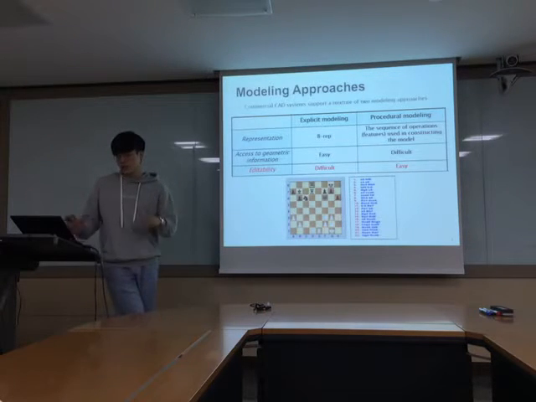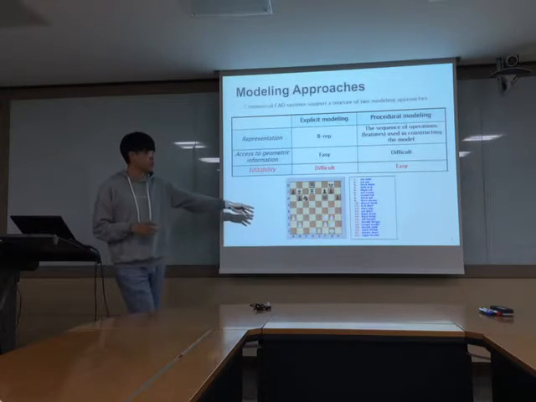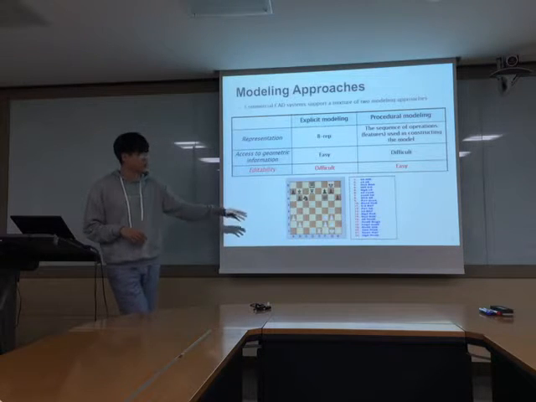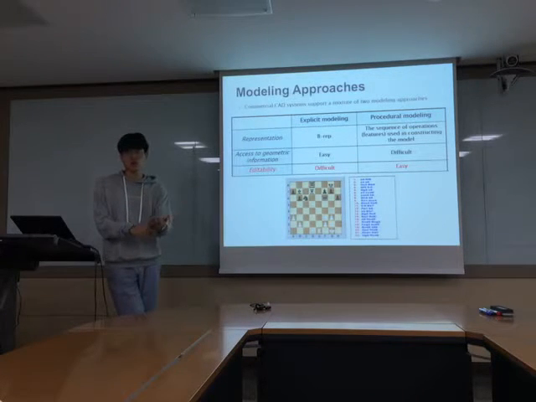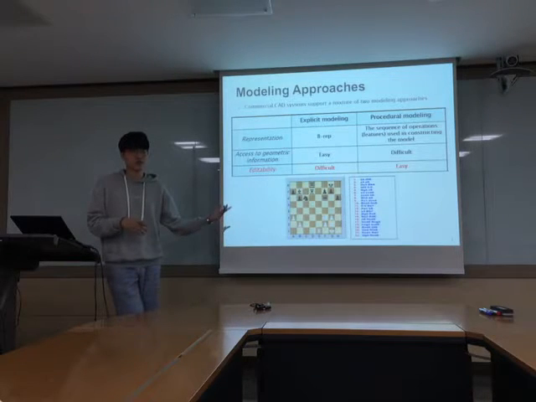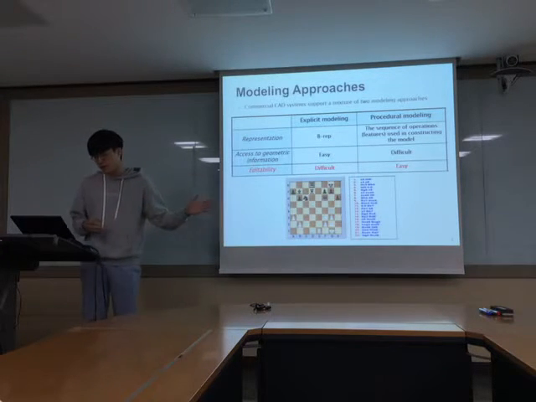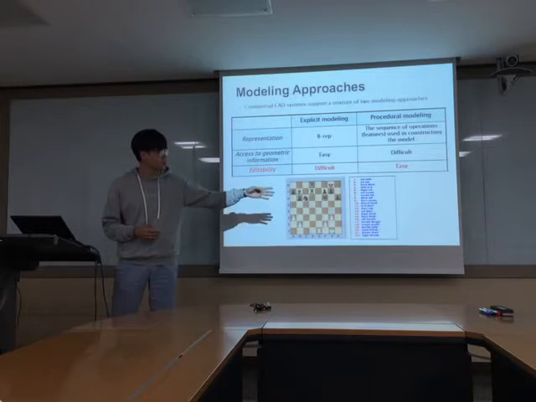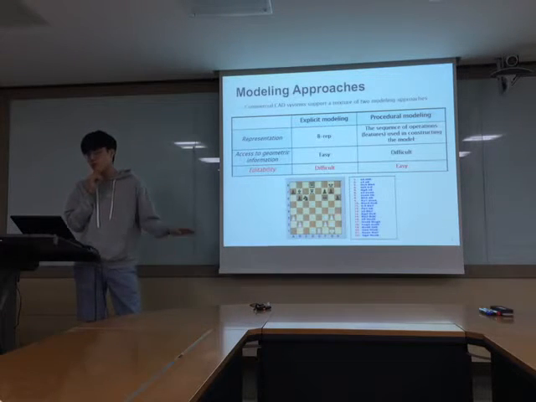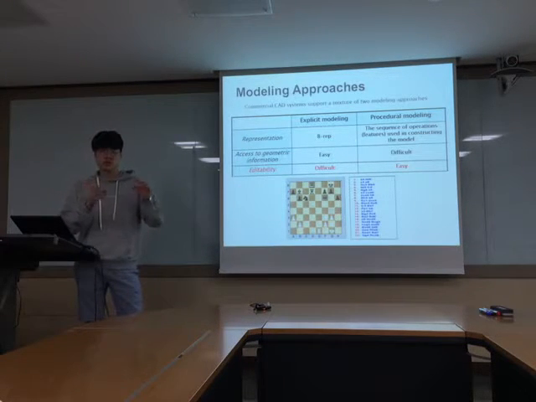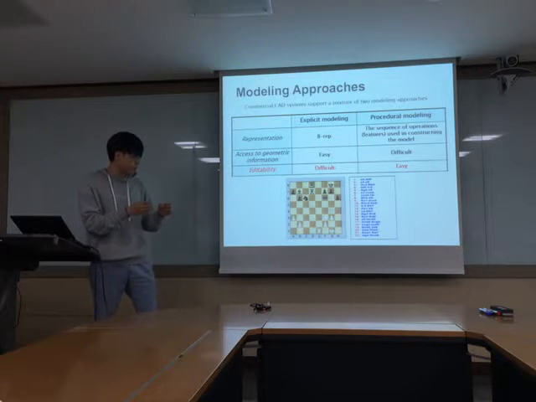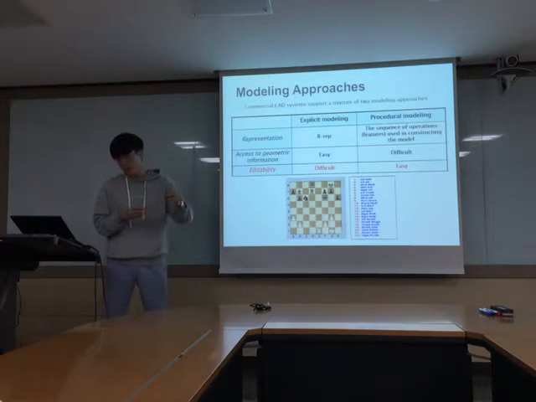If you have an explicit model, for example the chessboard on the left-hand side, you don't know how this game went like this. There can be many possibilities to reach this state. But if you see the right-hand side, there is a history of which piece goes where.